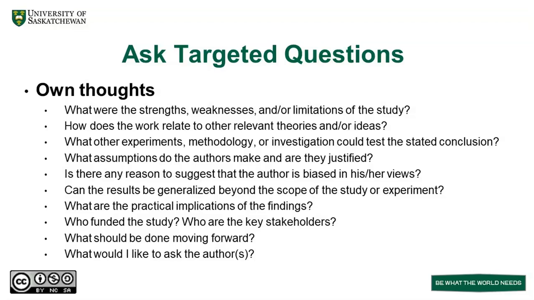What should be done moving forward? Have the authors made interesting claims about future research, or are there claims or pathways that you can identify, rather? And if you could have a few minutes to chat with the author or the authors about this study, what would you ask? What would you want to find out?